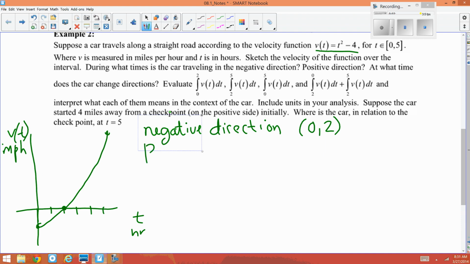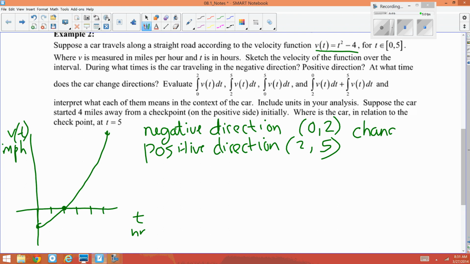Okay, it's traveling in the positive direction whenever the velocity is positive, which would be 2 to 5. What time does the car change directions? The car changes directions right at that second when the velocity is 0, or when t equals 2.